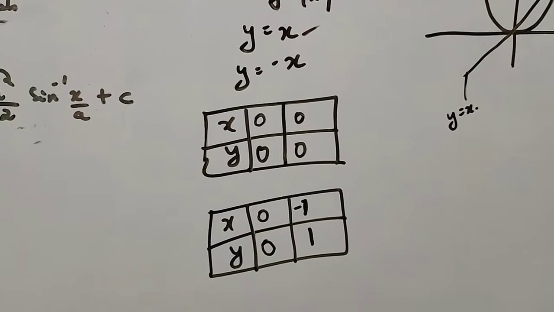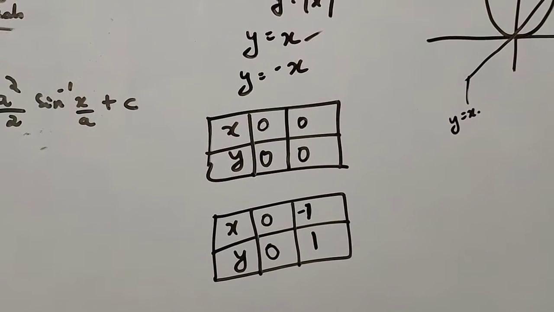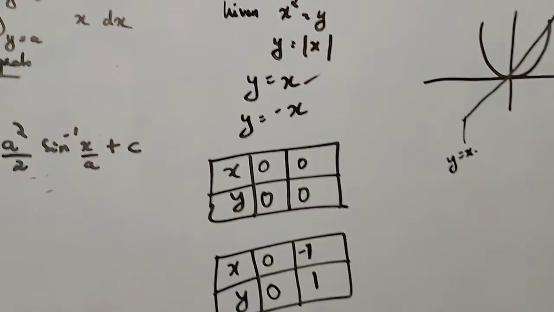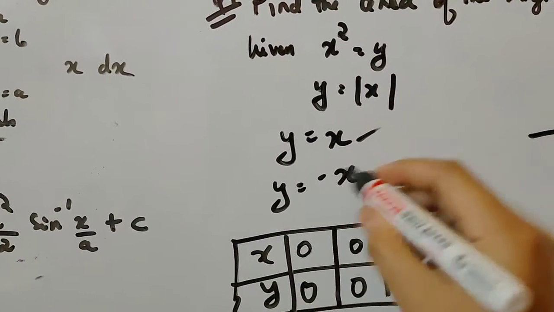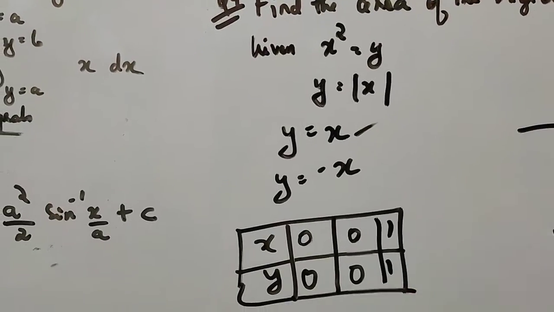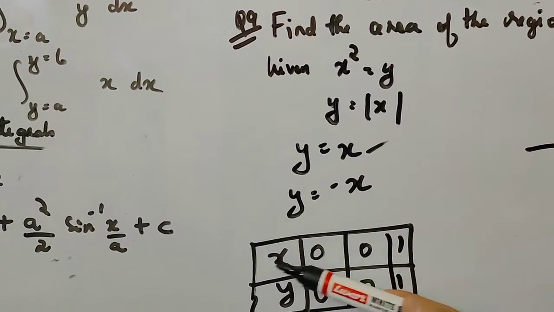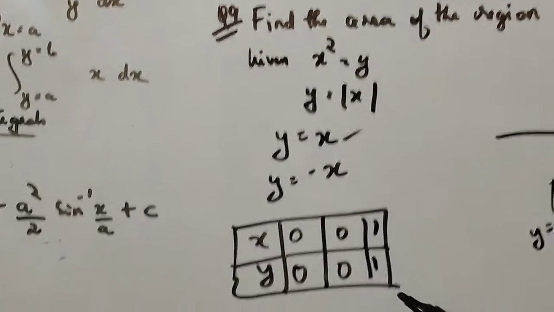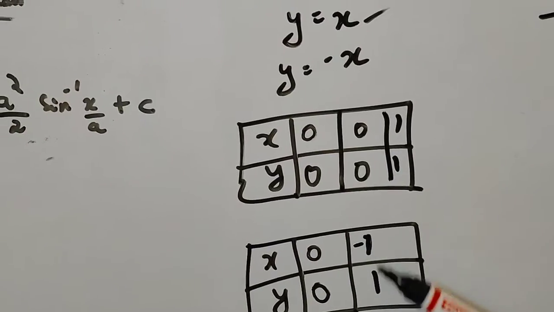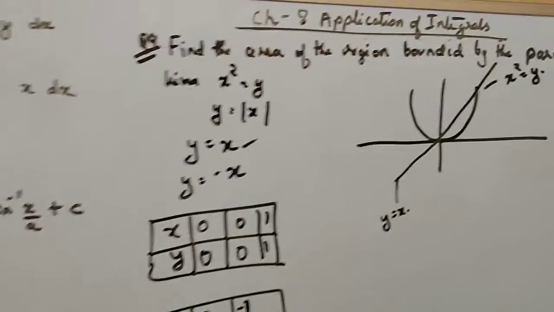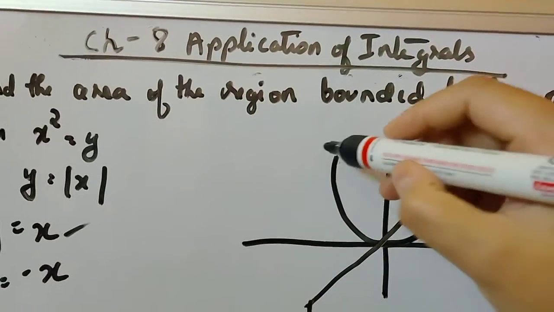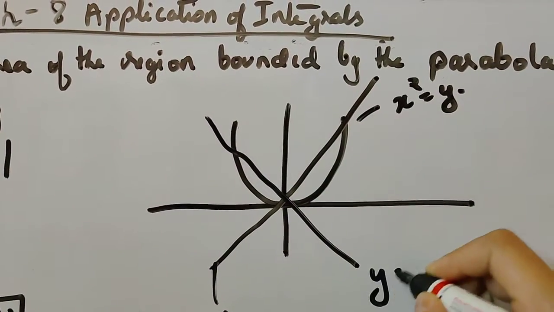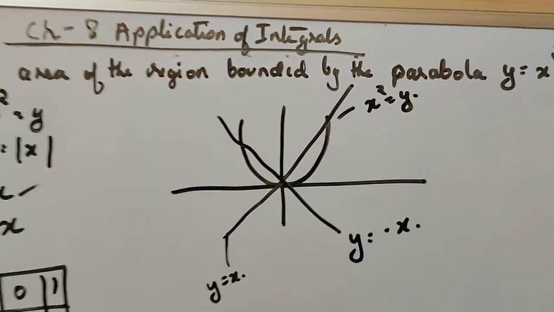So it is passing in the opposite direction of the origin. Similarly here, when x is equal to 1, y is also equal to 1. Everything is going to be the same here. X is 1, then y also will be 1, but here 1 is negative, there 1 is positive. So this time this line is passing through this side, that is y is equal to minus x.